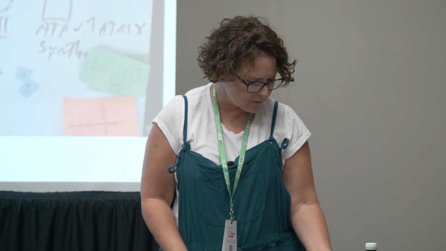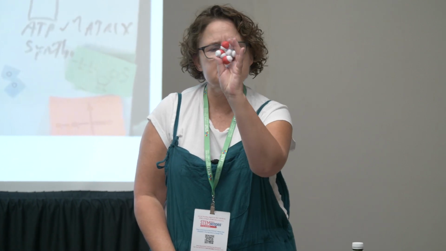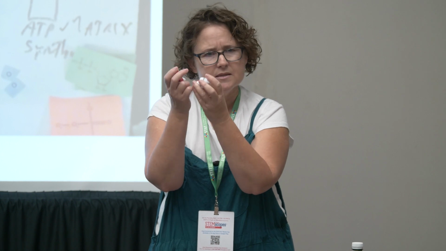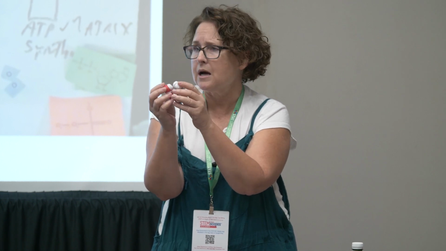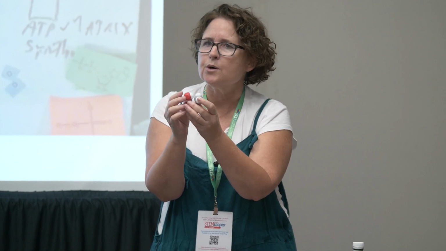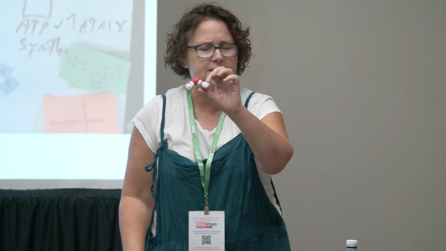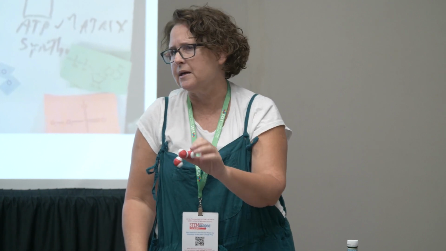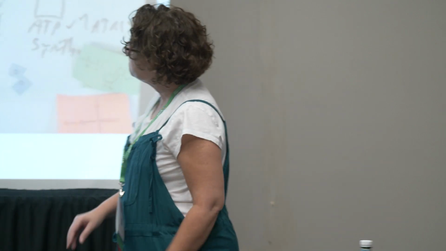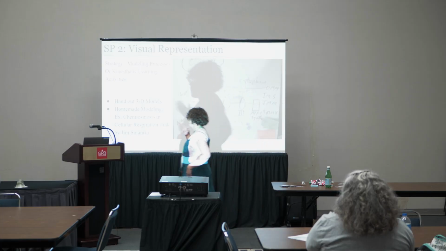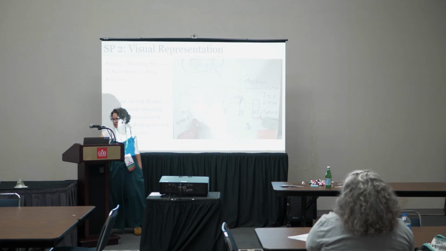When you're talking about hydrogen bonding, give them some little magnetic bits and pieces that they can utilize, not because they don't know what a hydrogen bond is, but because we want them to be able to articulate more than just a definition of hydrogen bonding, right? So this is great, this homemade modeling for the students.